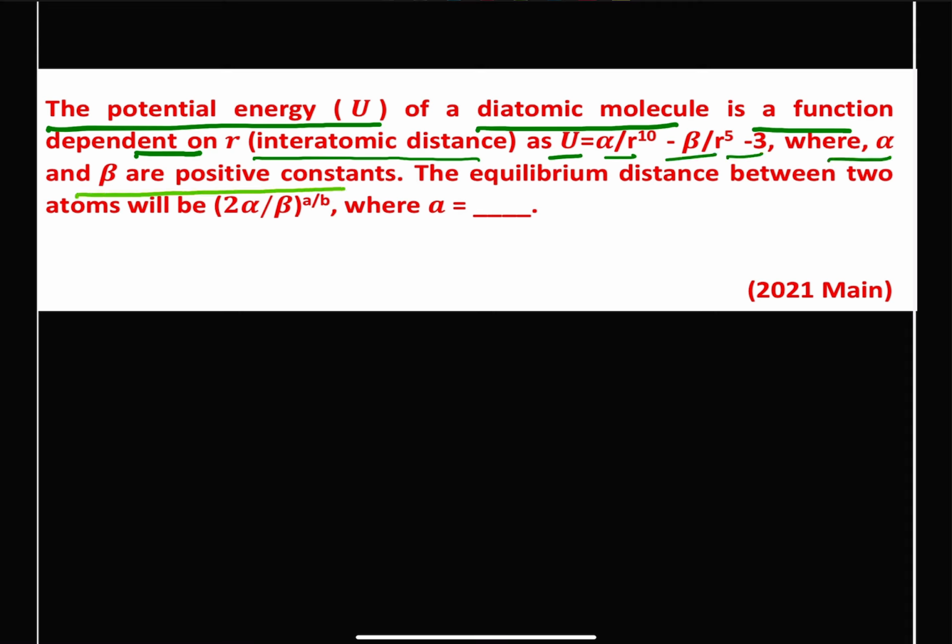The equilibrium distance between two atoms will be (2 alpha divided by beta) whole raised to power a by b, where the value of a is equal to.